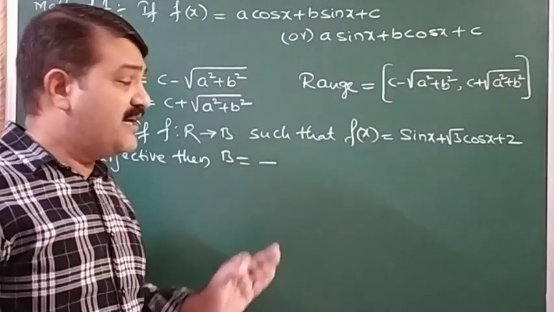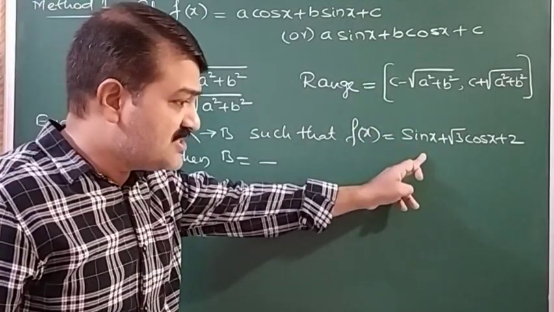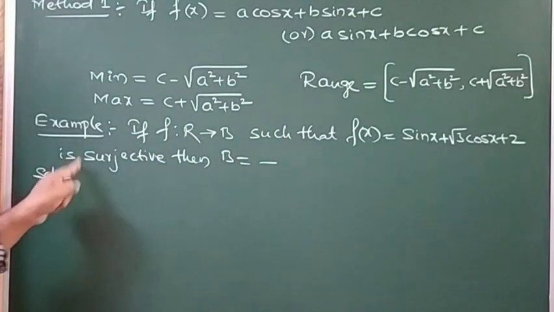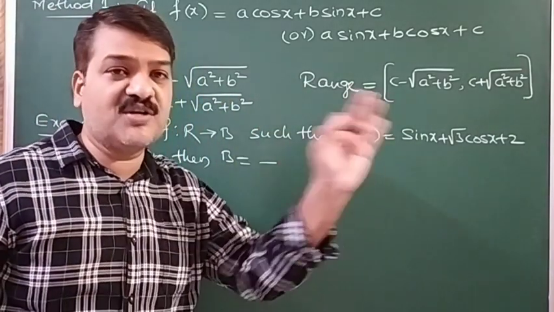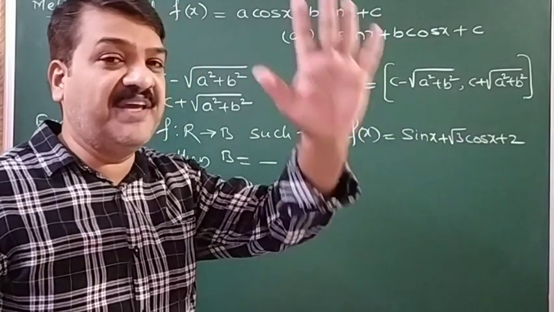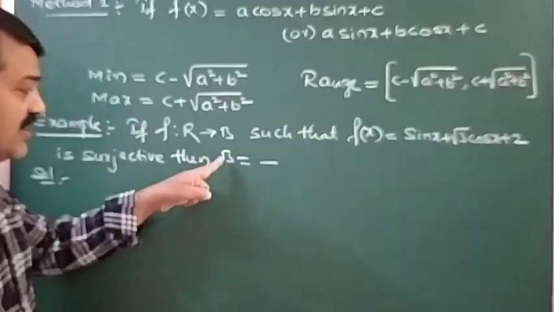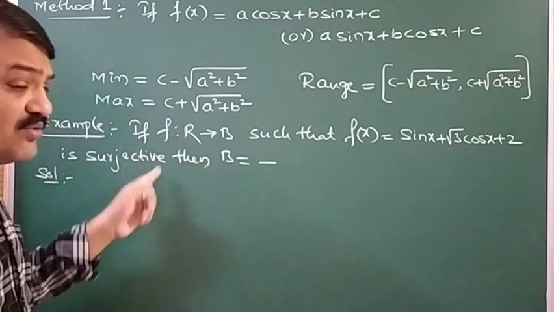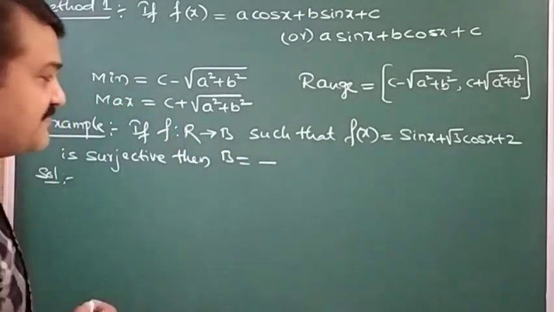Remember, whenever a function f of x is given like this and f is a surjection, meaning onto, its range will be equal to its codomain. Whenever a function is surjective, range and codomain are equal.